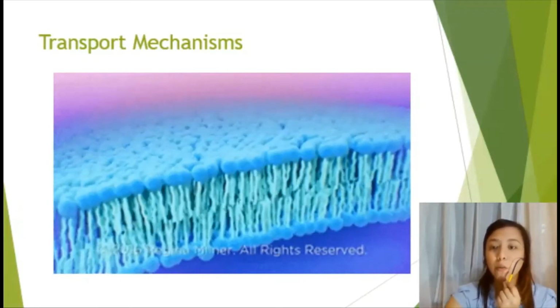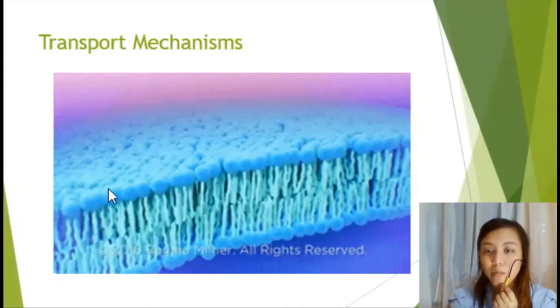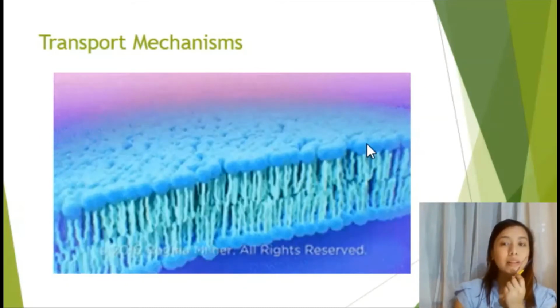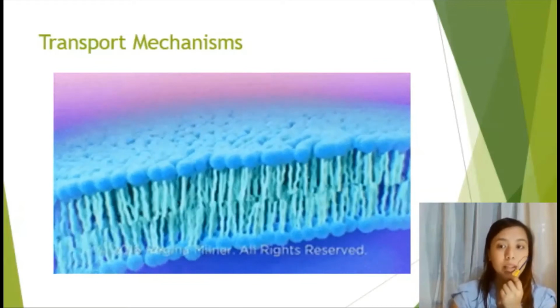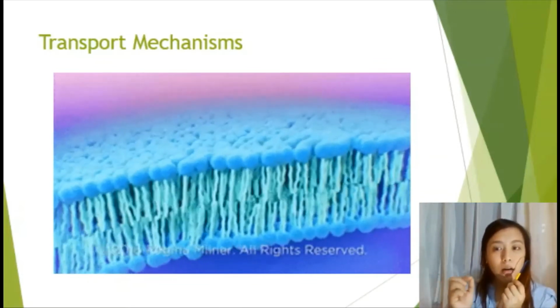There are spaces in between, and this model of your phospholipid bilayer or cell membrane is called the fluid mosaic model. So it has been embedded as if they are a mosaic together.